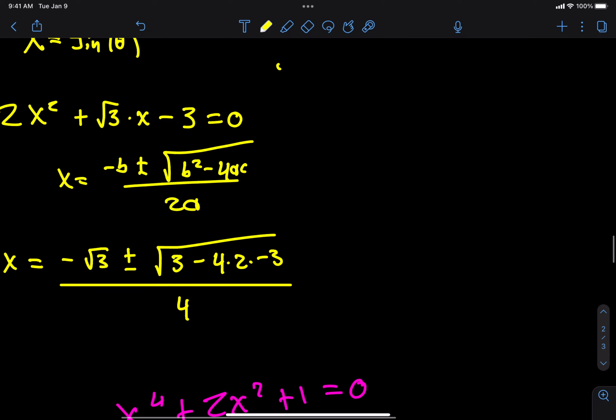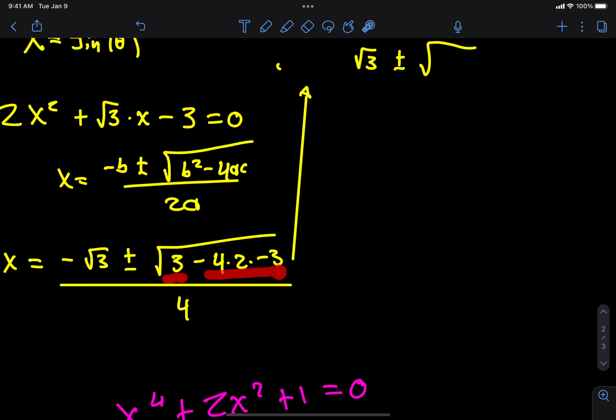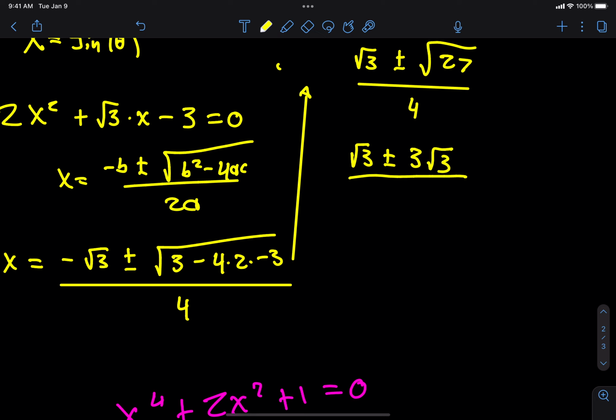Yes? So now let's rewrite that a little bit better and say it's the square root of 3 plus minus the square root of, this becomes 3 minus negative 24, right? So I think that's 27, all divided by 4, which gives us the square root of 3 plus minus 3 square root of 3, all divided by 4, which gives us two solutions.